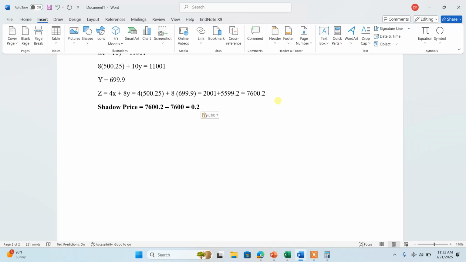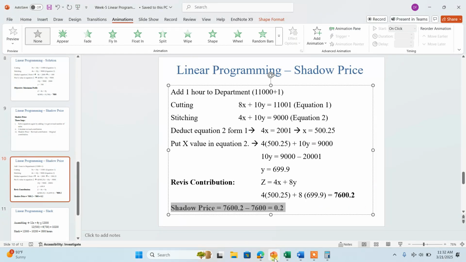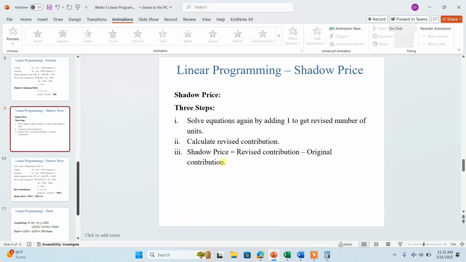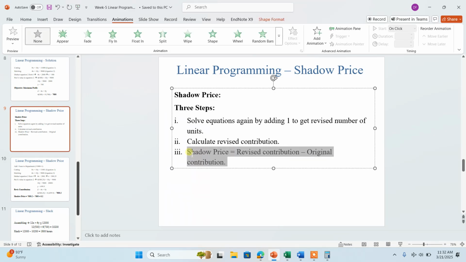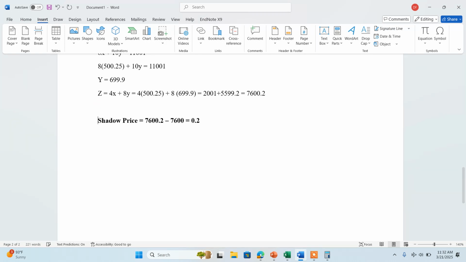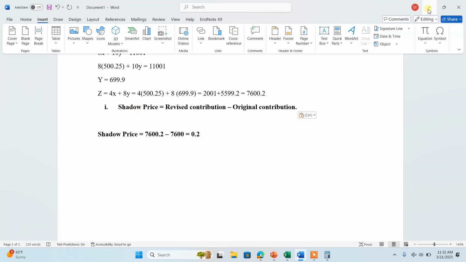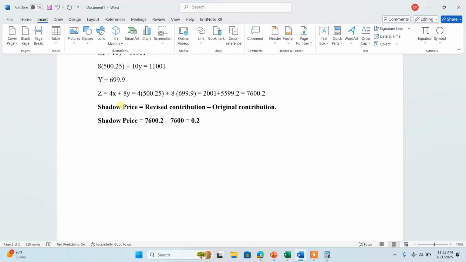The formula for shadow price, if you check the third step, is the revised contribution, which is 7,600.2, minus the original contribution, which was 7,600.